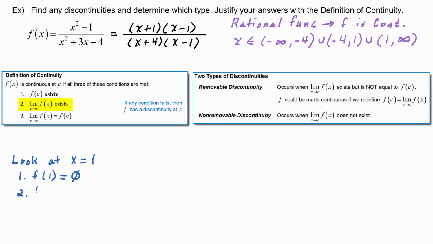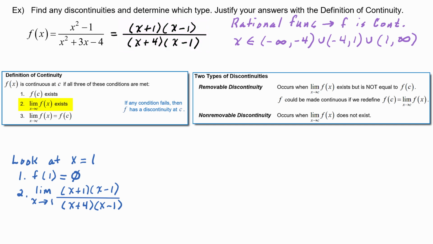So in step 2, we have limit as x approaches 1. Once again, we will use this factored form. We have x plus 1 times x minus 1 over x plus 4 times x minus 1.